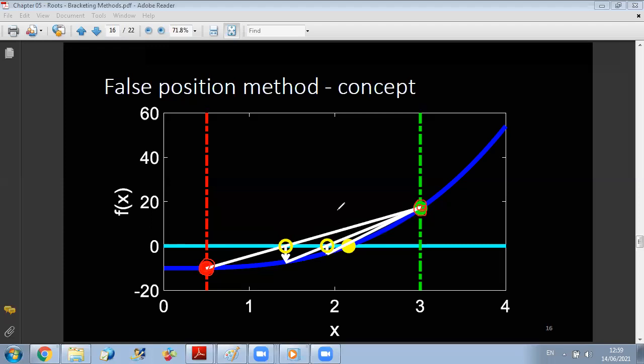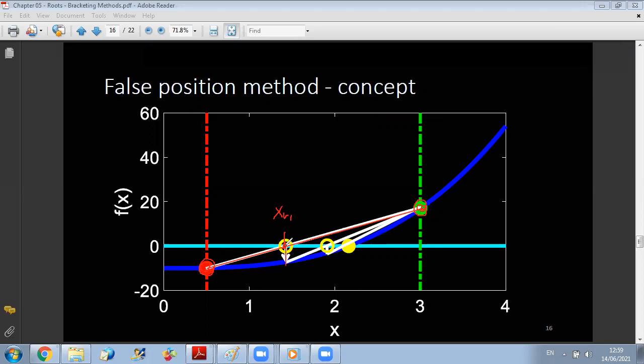Instead of taking XR just at the middle, the technique is to join the two points, and the intersection of the line joining the points with the x-axis is the root estimate. So my first estimate of the root is the intersection between this line and the x-axis. This is my first approximation.